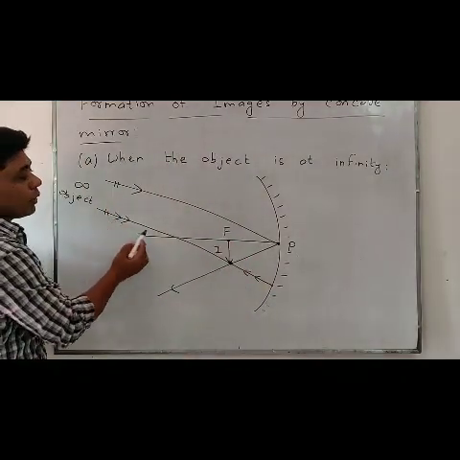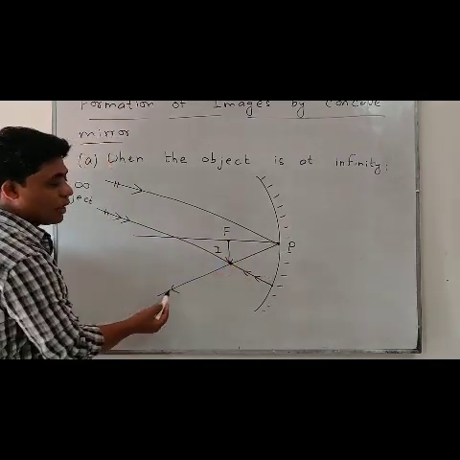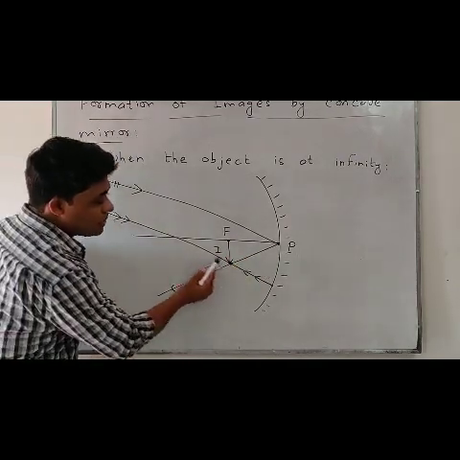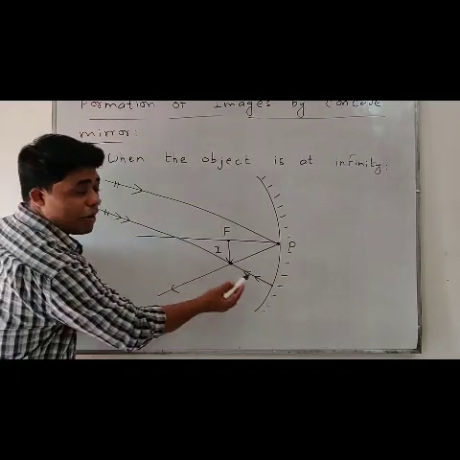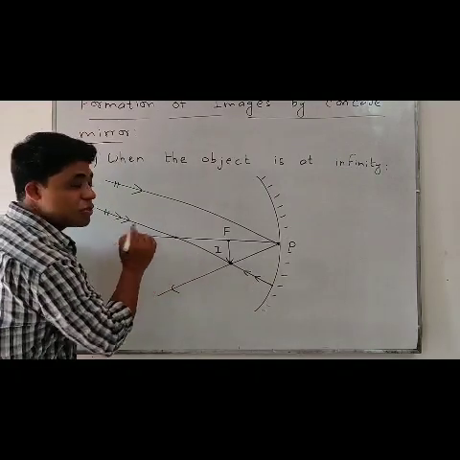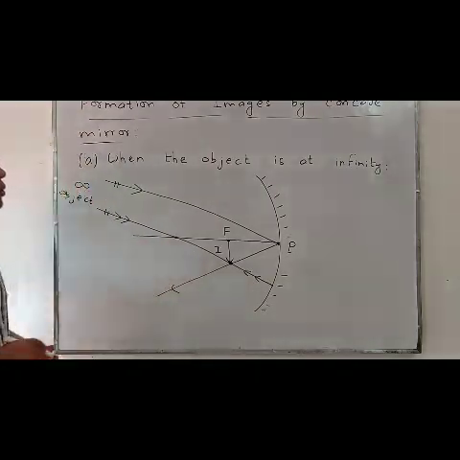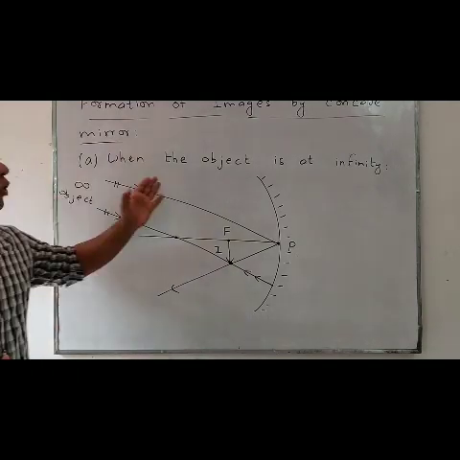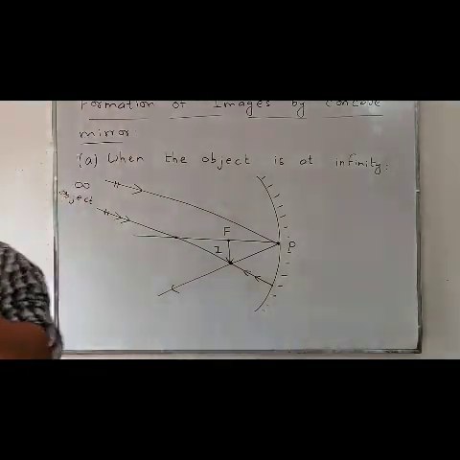These two are parallel, and a ray is incident, it gets reflected. And remember, this light ray is reflected in the same direction because it passes through the center of curvature. So this is our first condition when the object is at infinity.